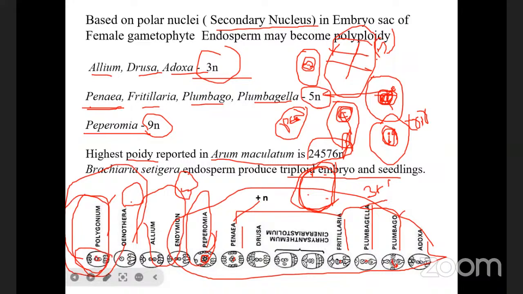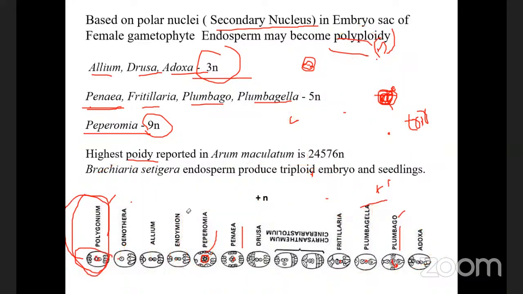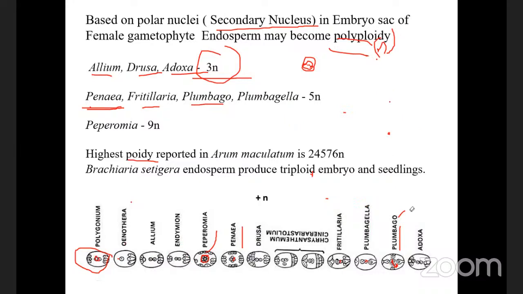There is a 5N stage in Penaea, Fritillaria, Plumbago, and Plumbagella. Why? There is a 4 nuclear stage of the polar nucleus. That's why there is pentaploidy. That is the reason.